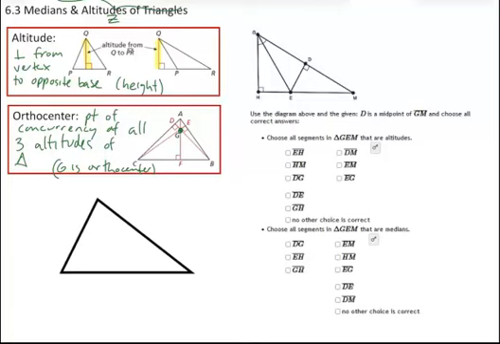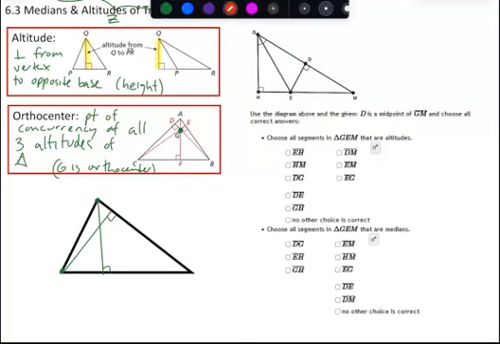Okay, and if we come down here to this triangle, the way that you would find the orthocenter is you would find the altitude from each vertex. So if we took each vertex, found a perpendicular to the base. Again, once you find two of them, you'll have your orthocenter.